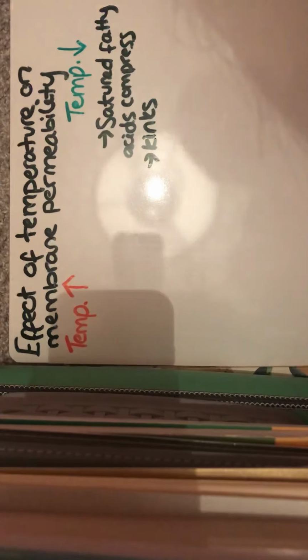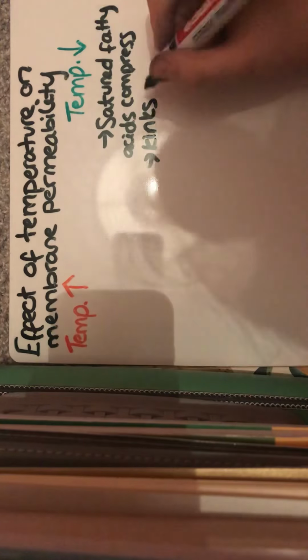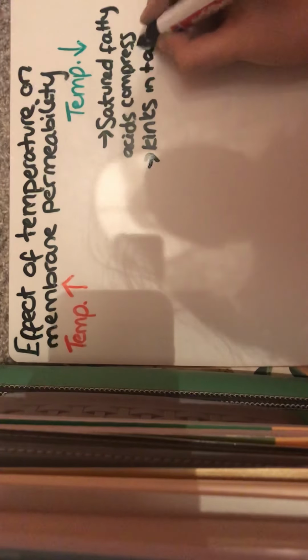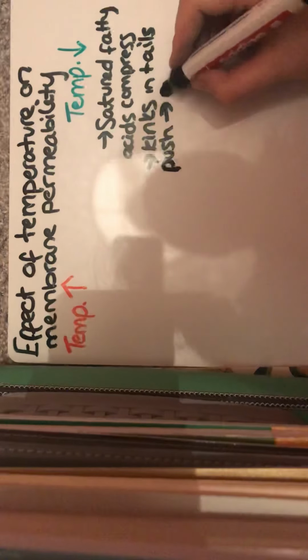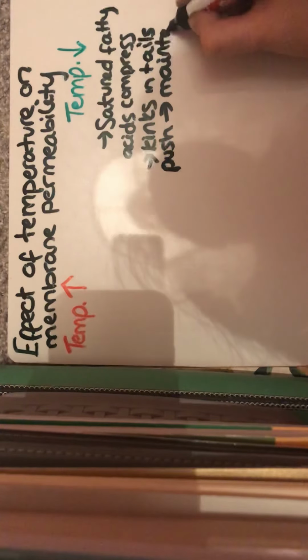So the kinks are in the tails and basically just maintain the fluidity.